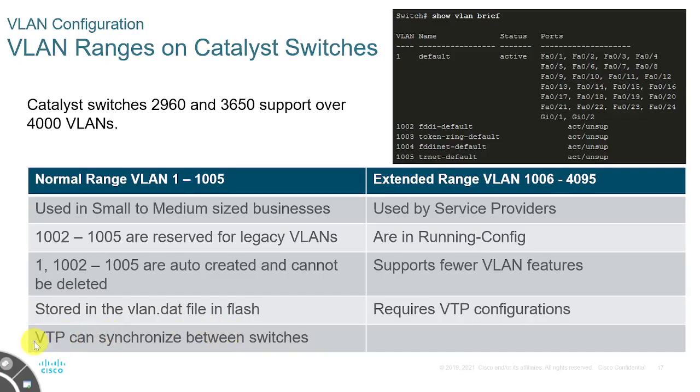However, the range from 1006 to 4095 is used by service providers, at a higher level. They support fewer VLAN features and require VTP configuration.